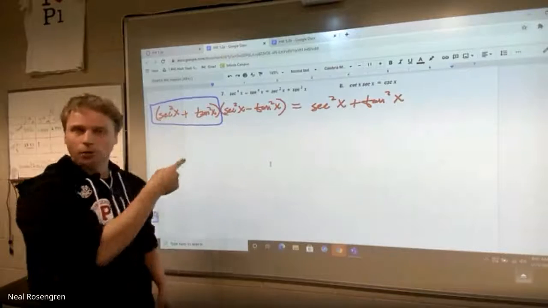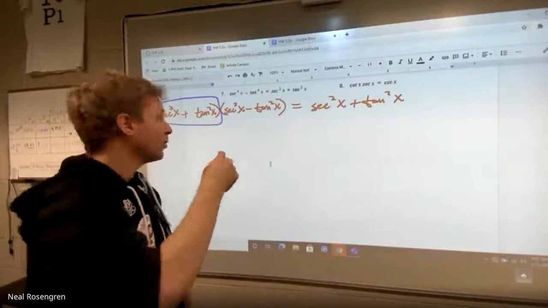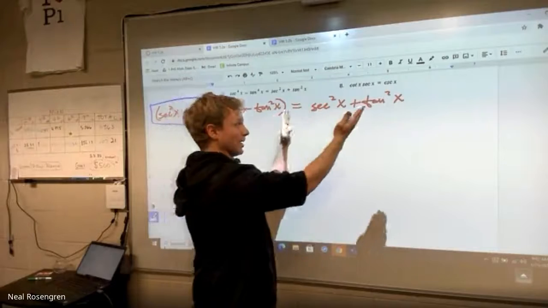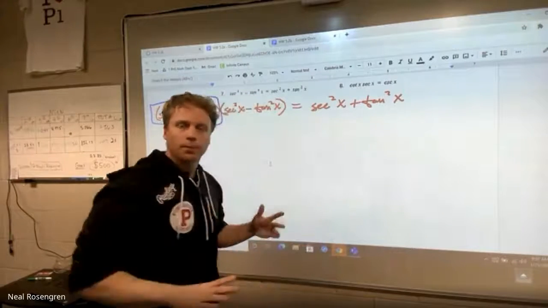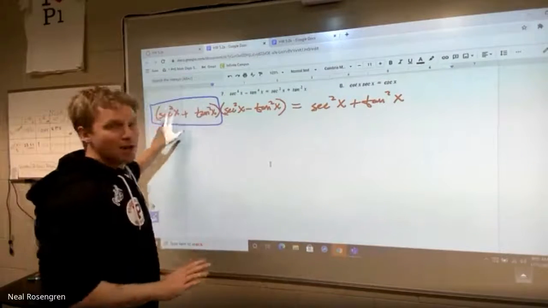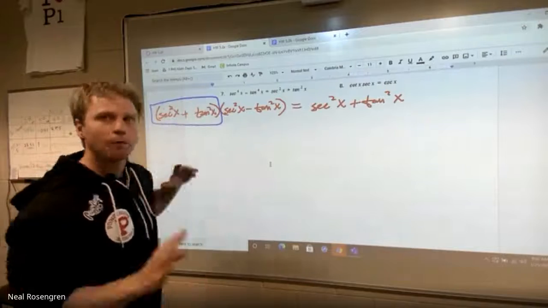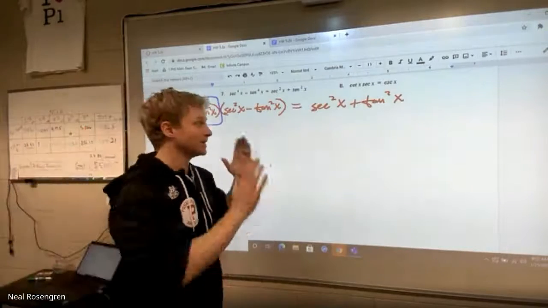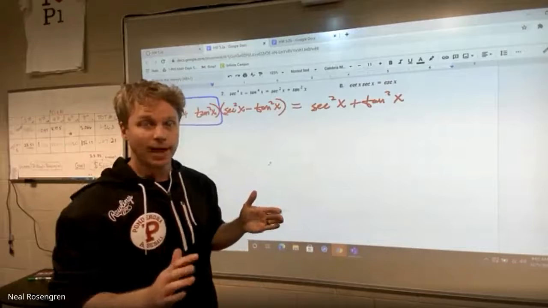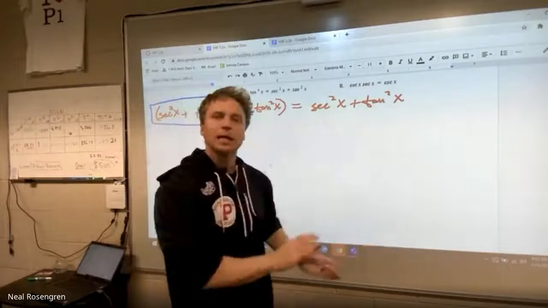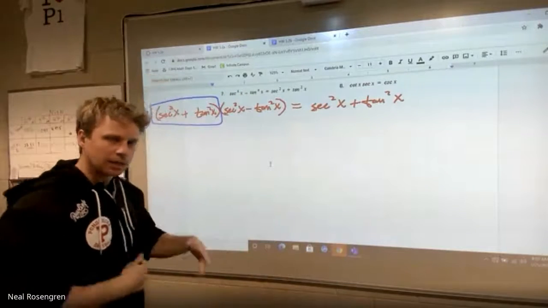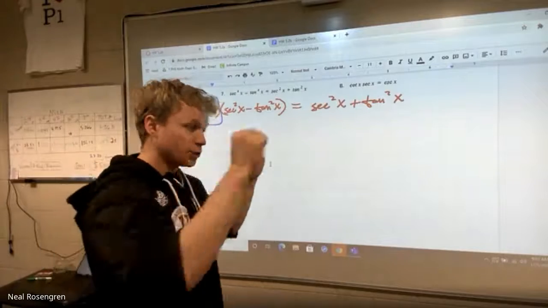There's my goal, right? Right there. I know that is what I'm trying to get to. And so I don't really want to mess with that at all, right? Remember what your goal is, to get the left and the right side to be exactly the same. So I always kind of keep an eye on that right side to give me a target, right?